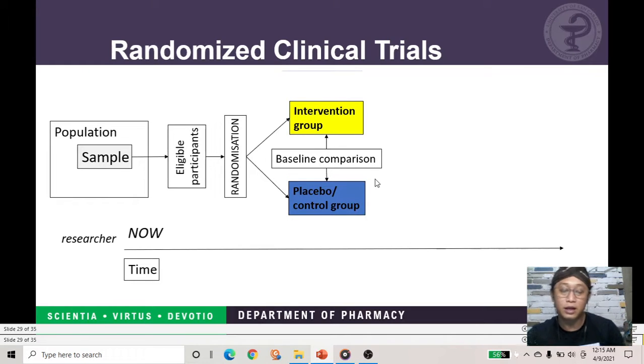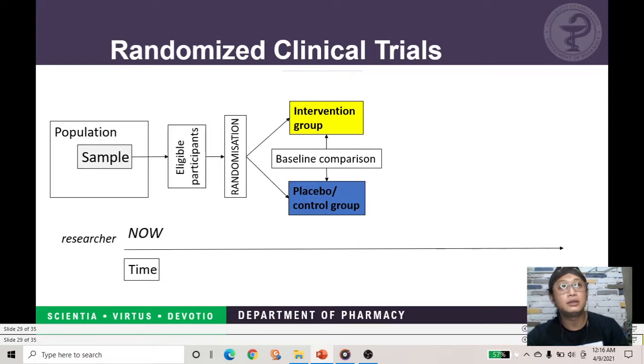If you observe p-values for each characteristic of these participants, the researchers expect that there are no differences between the characteristics in the control and intervention groups.